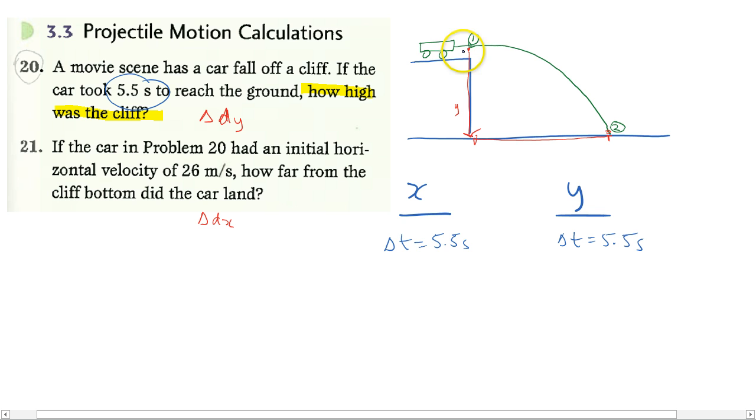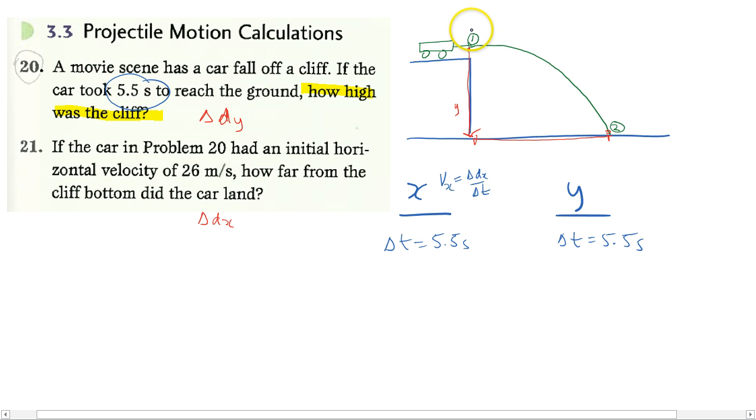So while it was moving horizontally, it traveled for 5.5 seconds, and while it was moving vertically, it moved for 5.5 seconds. A reminder that for our horizontal motion, the only thing that we're going to be using is v equals delta d over delta t, and this will be Vx. It's how quickly it's moving horizontally, and this would be how far it moved horizontally.